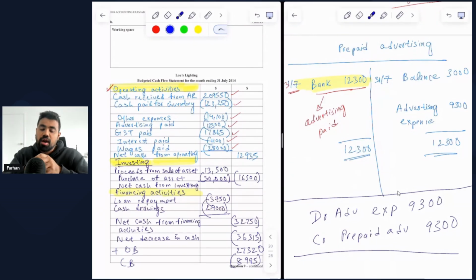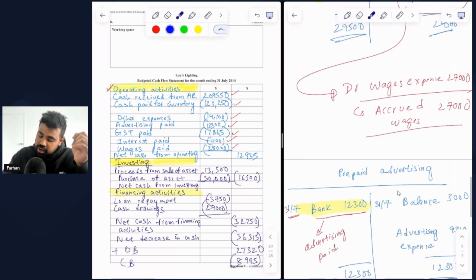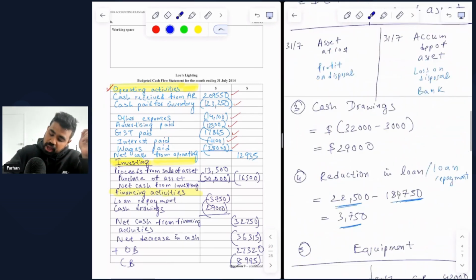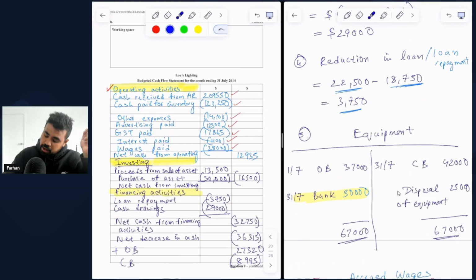The only non-current asset we have sold was the equipment, and the only non-current asset we have purchased was also the equipment. If you recall, we have prepared the ledger account for equipment, and we found the cash paid for new equipment purchase was $30,000. And that is why it's included here. Purchase of asset, $30,000 negative to reflect the outflow or cash paid.